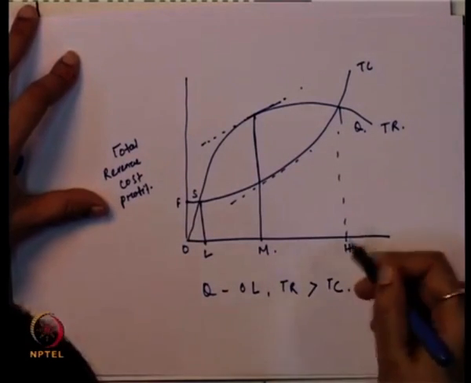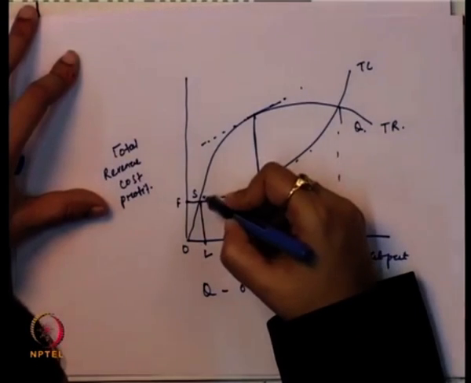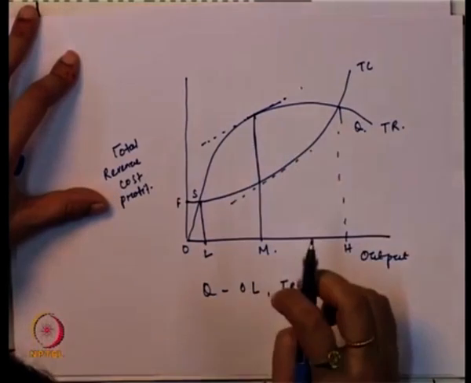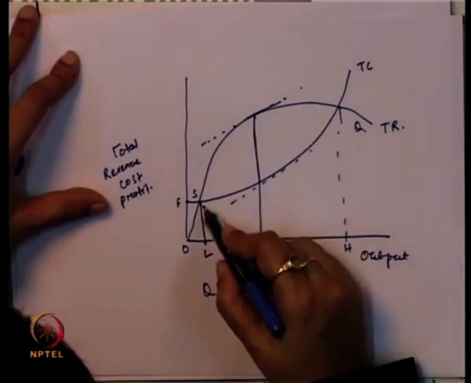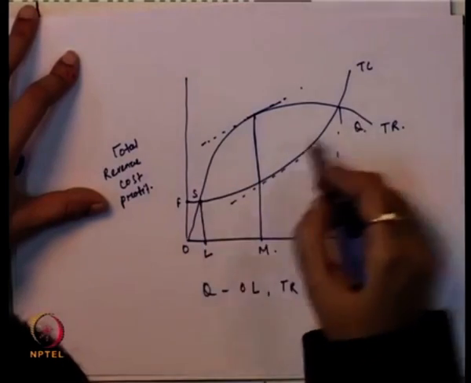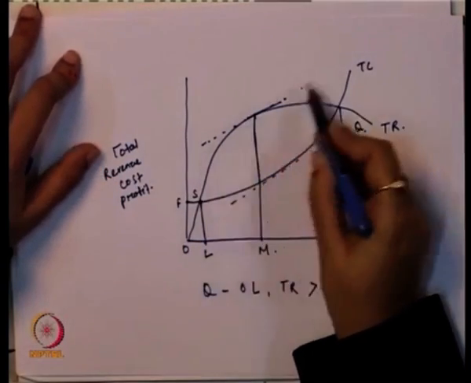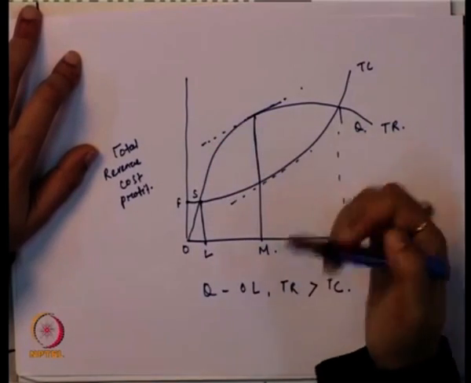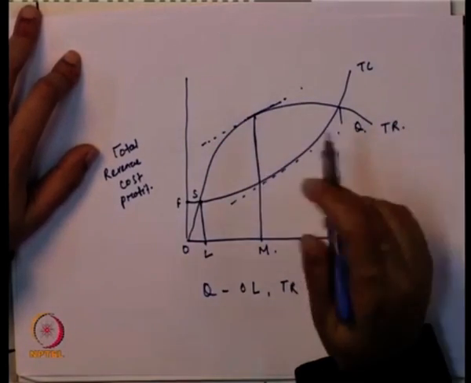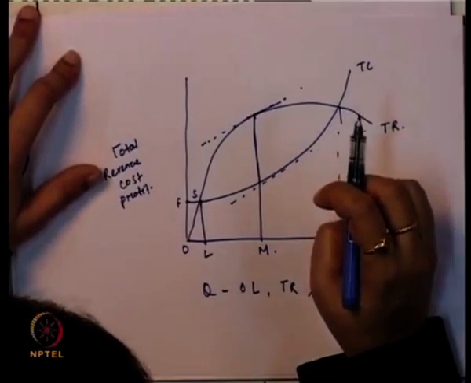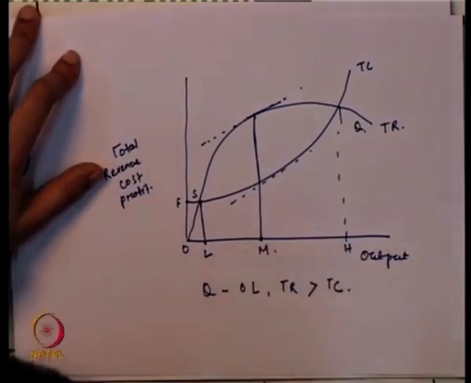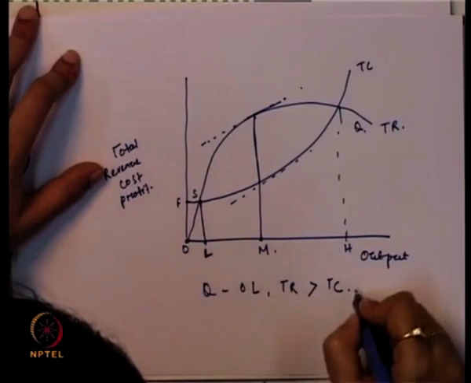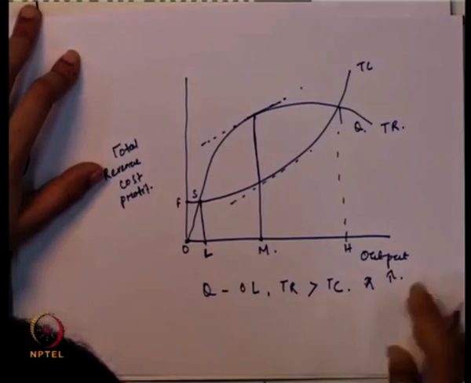If total revenue is greater than total cost, the profit also goes on increasing, because the difference between total revenue and total cost grows, and that is why the profit goes on increasing up to the output OM. From OL to OM, the profit is increasing.